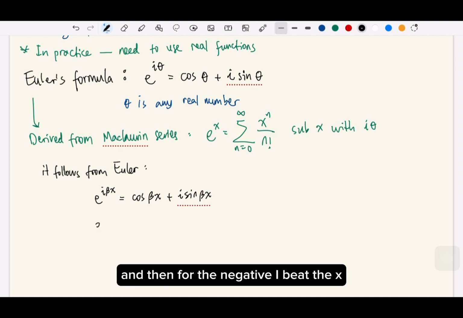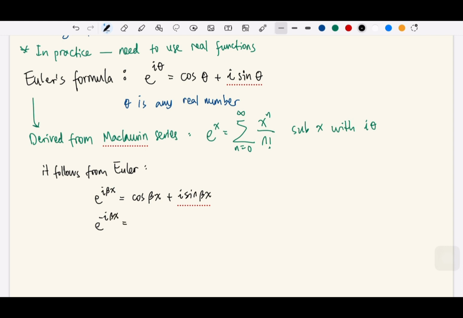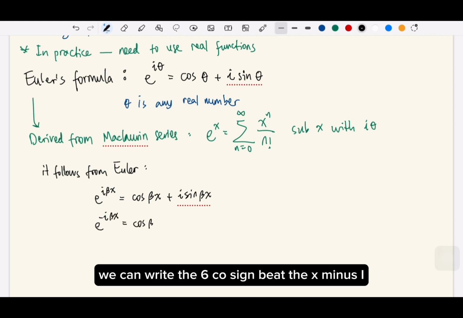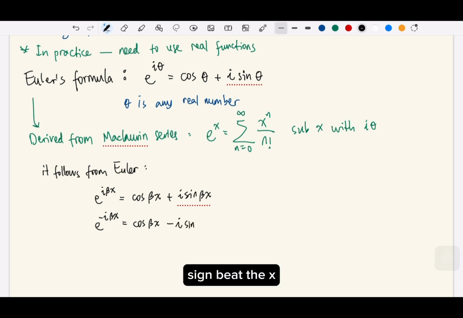And for the negative i beta x, we can write this as cosine beta x minus i sine beta x.